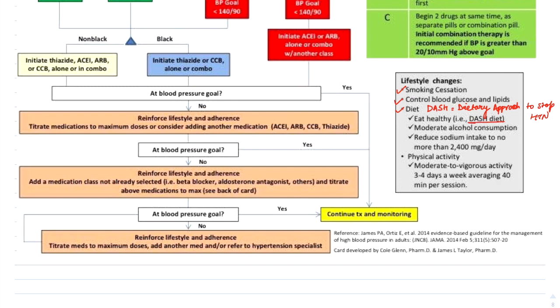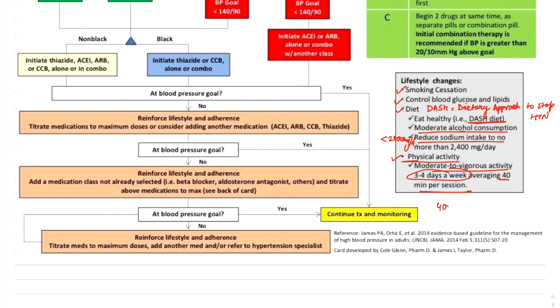We need to adopt a DASH diet, moderate the alcohol consumption, and reduce the sodium intake to less than 2400 milligrams per day. Okay, and physical activity needs to be included, like moderate to vigorous activity 3 to 4 days a week, 40 minutes per session.